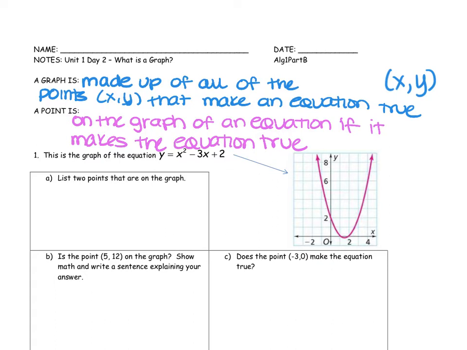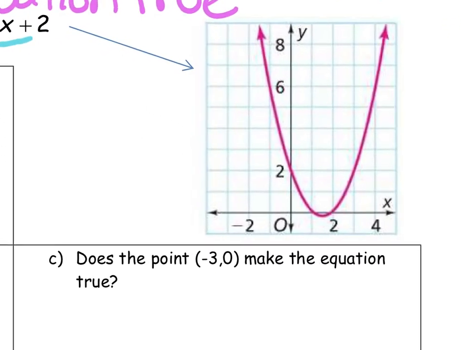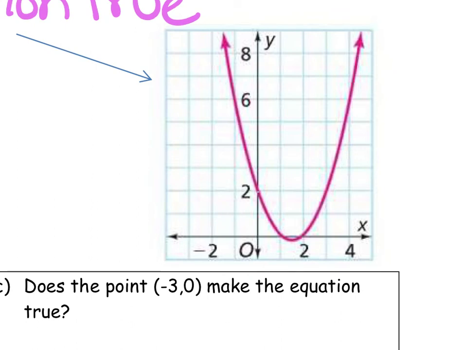So here we have the graph of the equation y equals x squared minus 3x plus 2. We're going to look at the graph and list 2 points that are on the graph. I see this point right here, that's (0, 2). This point right here, that's (1, 0). That's 2 points. I'm going to list a couple more.